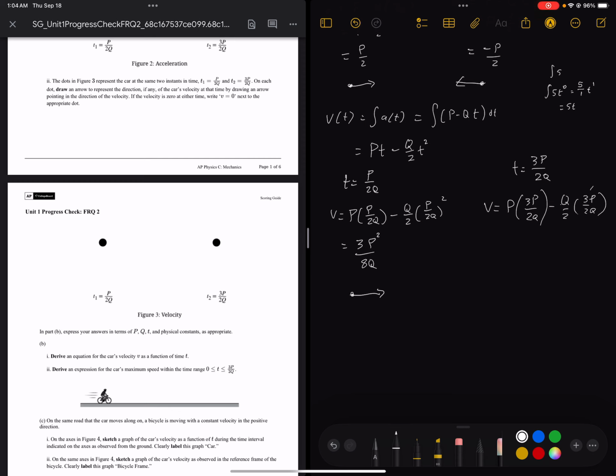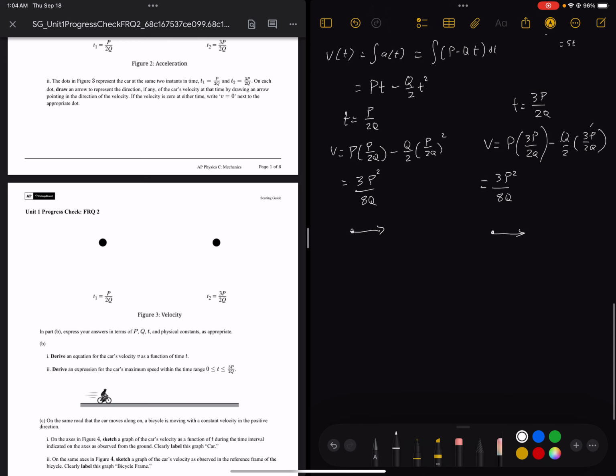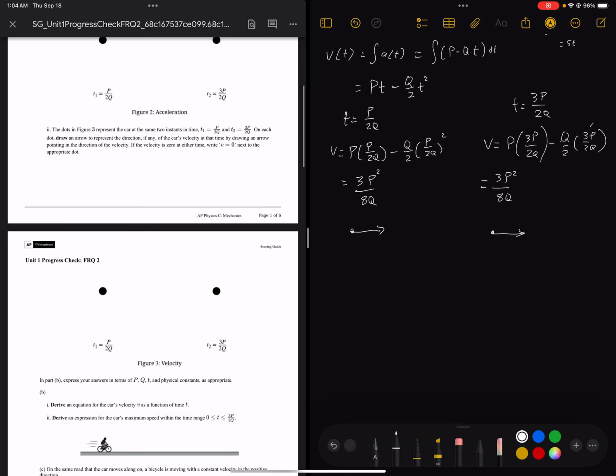And again, just work through the algebra. Take my word for it. This actually also comes out to 3p squared over 8q. So that's the velocity. Going back to acceleration, it starts positive, it becomes negative, but the velocity is going to be positive at both times.